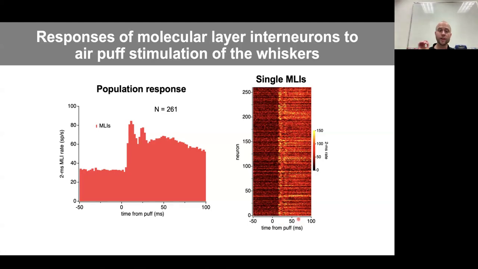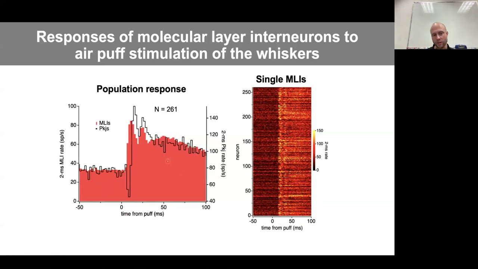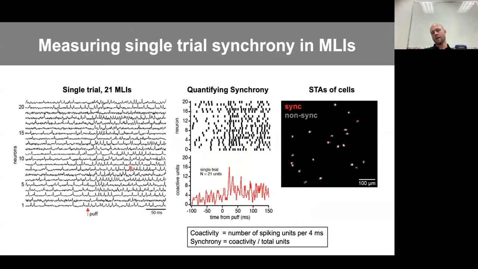What becomes really interesting is when we compare this population PSTH of the MLIs to the population PSTH of the Purkinje cells that I've shown you previously. When we do that, we find the MLIs are firing at the precise time that they should be in order to result in this rapid suppression of simple spiking, which is quite cool. And so this made us think that they're likely responsible for generating this response.